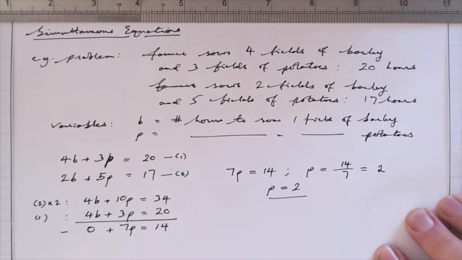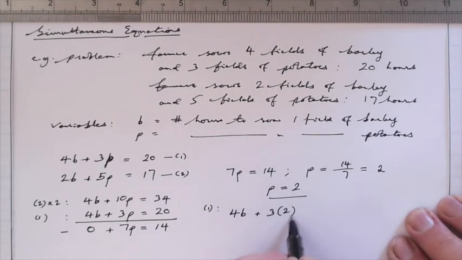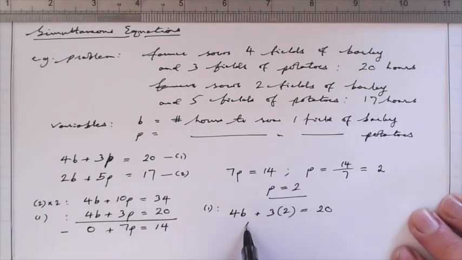And to find b, we can go back and choose either of our original equations. Let me just choose, say, that first one. I have that 4 lots of b plus 3 lots of p, but we know now that p is 2, is equal to 20, i.e. 4b plus 6 equals 20.